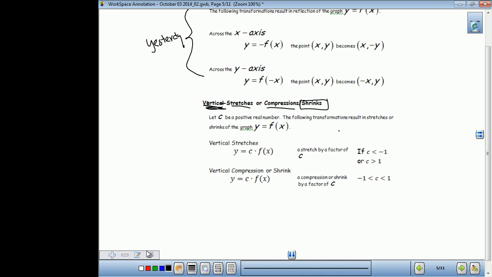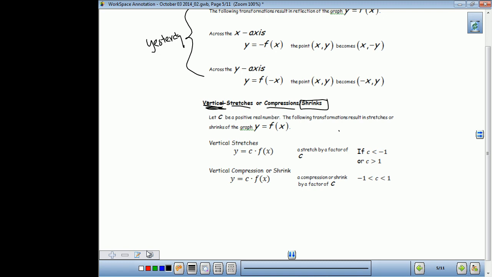When I think about compress, and when I did my hands the other day and we made the parabola, when you compress, when you push down on the parabola, what happens to it? It widens. Did it get any smaller? No. And when I think shrink, I think get smaller. It's not getting smaller.